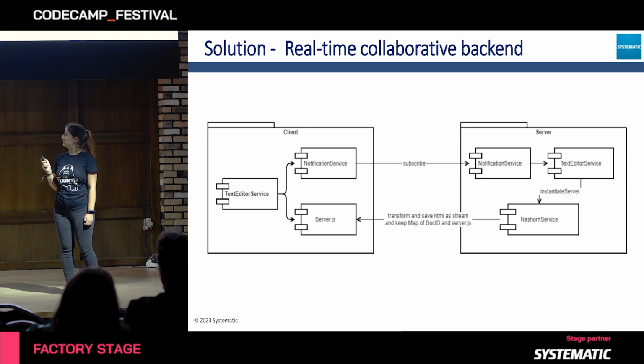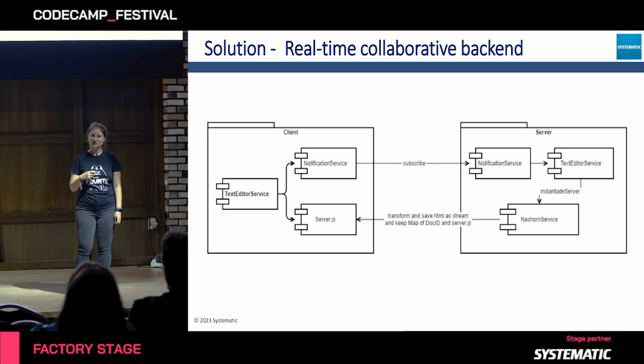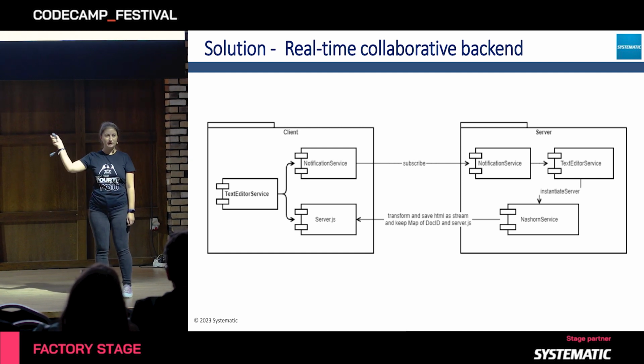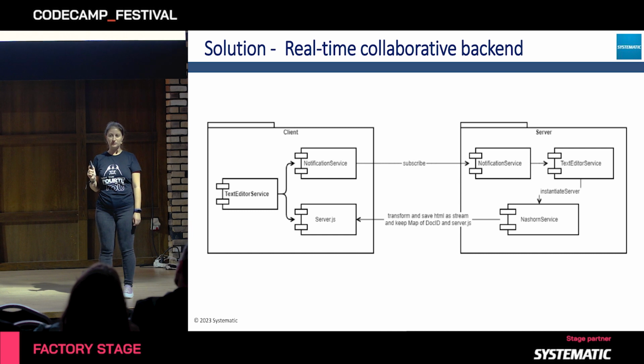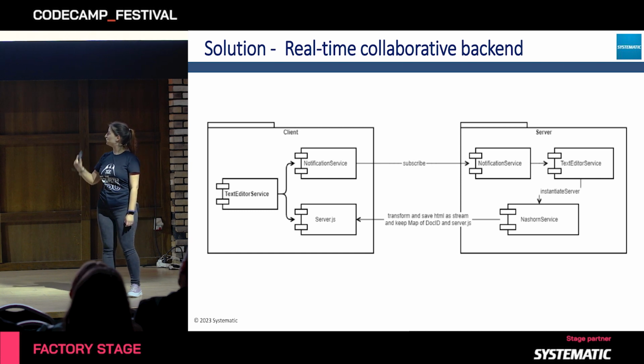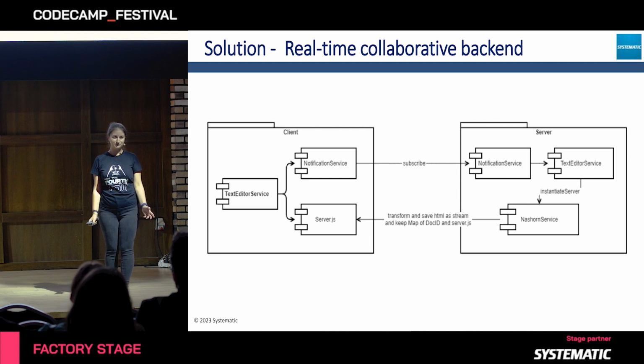In a really, really incredibly simplified drawing of the architecture, it looks something like this. We have the client and the server. We have a notification framework between the client and the server in order to get all these changes in real time. We have a server.js in the client, which is basically our text editor.